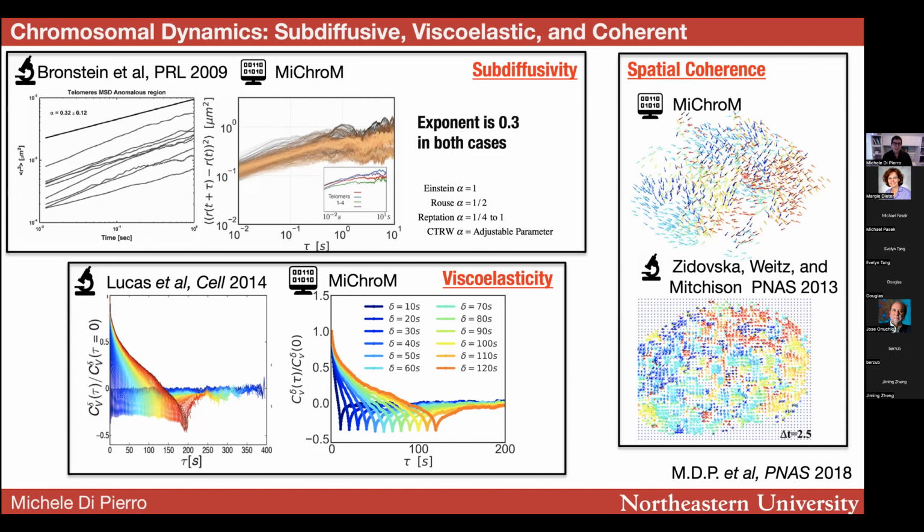And all of these three separate observations match in our model. So we see subdiffusivity with an exponent similar to what's been observed in experiment, about 0.3. We see the viscoelasticity, and we see the coherence of the motion of loci, which is seen in correlation spectroscopy experiments.